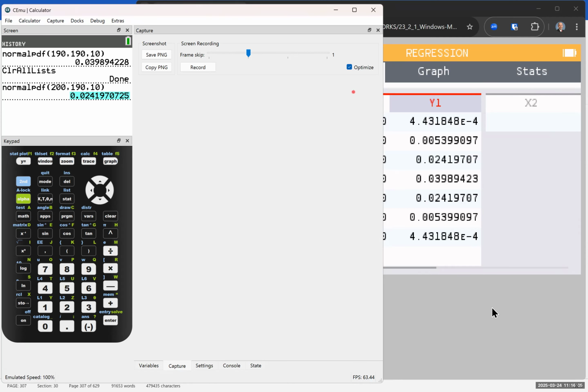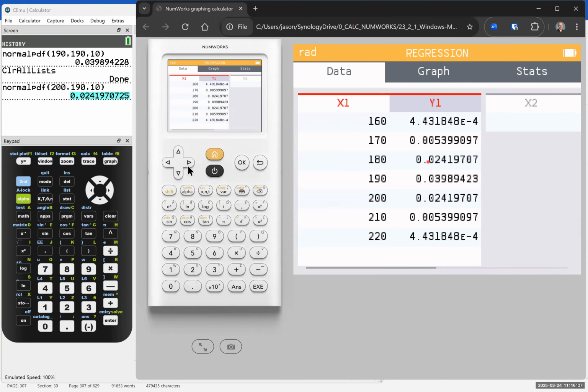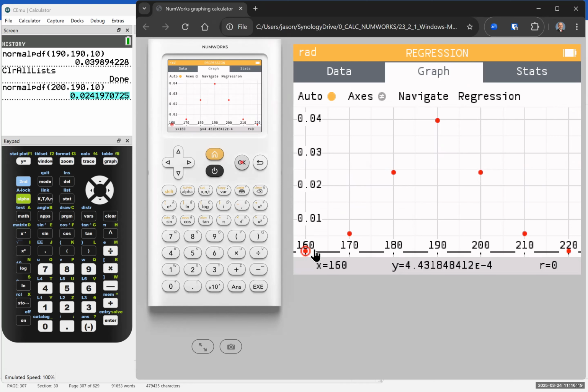But here's the reason why I wanted to attempt to do this with both calculators, but I can only demonstrate it on the NumWorks. So on the NumWorks, if we go up to the Graph tab, and click OK, notice the shape of these ordered pairs. These ordered pairs have the normal distribution shape.